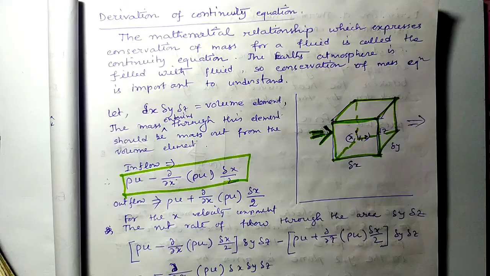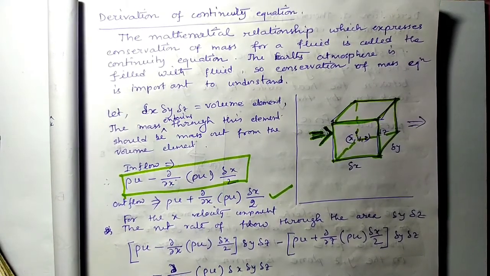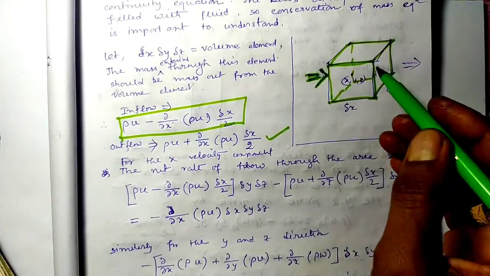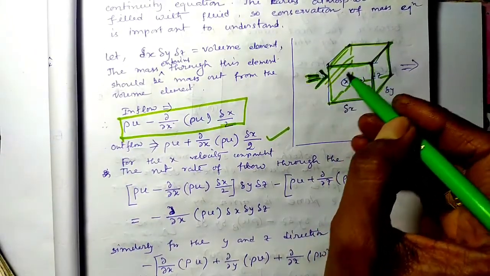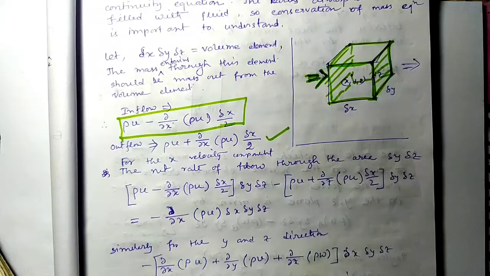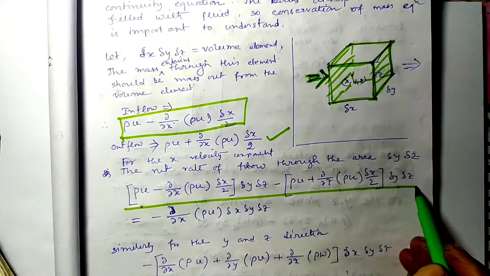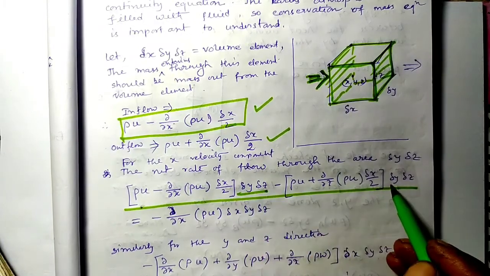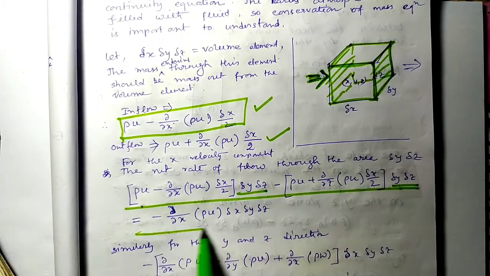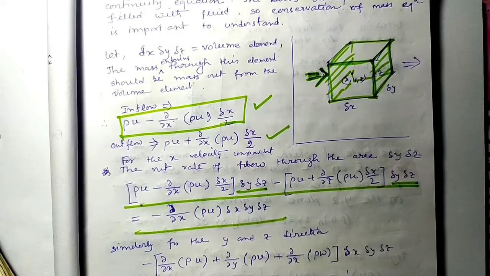For the x component of the velocity, we have represented this. Now the net rate of flow through the area covered by dx and dy, similarly this one and this one, we can write from this and this. So del y and del z will be multiplied. Now how much is entering?